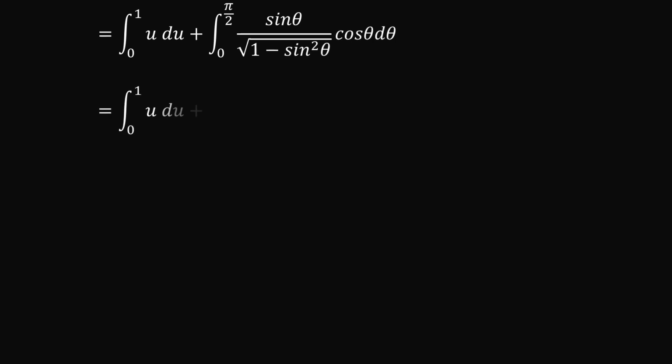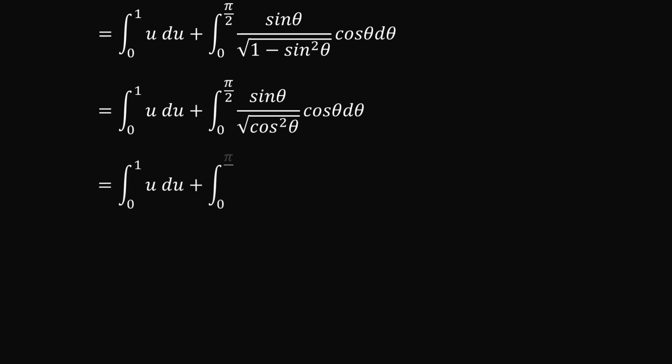Simplifying the second integral, 1 minus sine squared theta is the same as cos squared theta. The square root of cos squared theta is cos theta. And so the cos theta in the denominator and the cos theta in the numerator cancel.